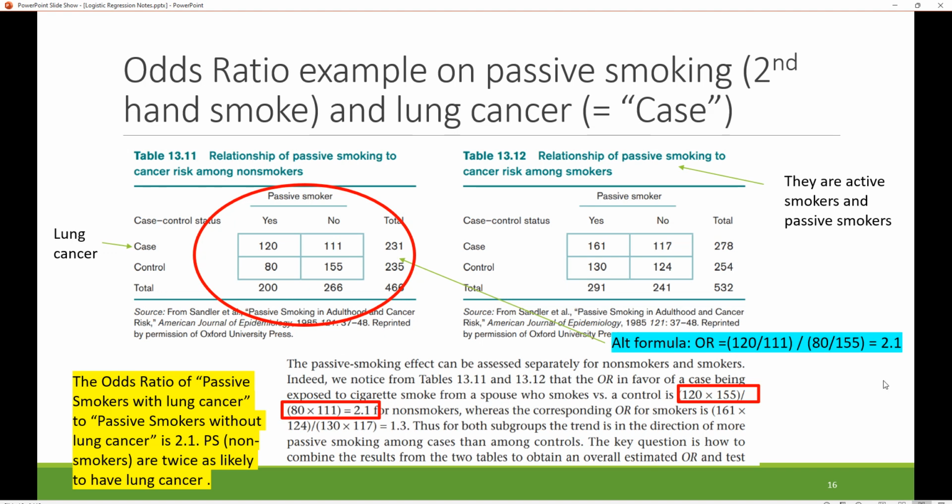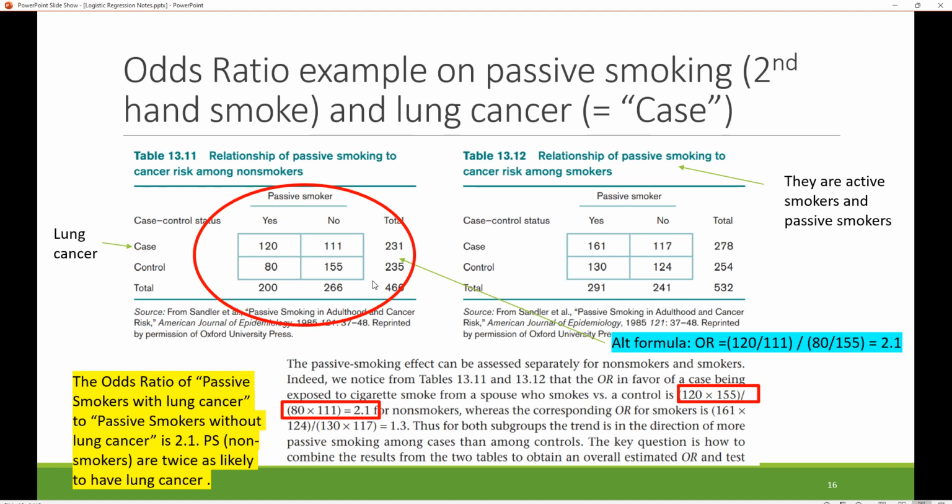So we would add in 80 for passive smokers that don't have lung cancer and divide that by 155, and that would be non-passive smokers that don't have lung cancer. And so that comes out to 2.1.